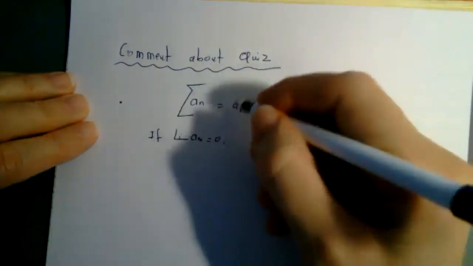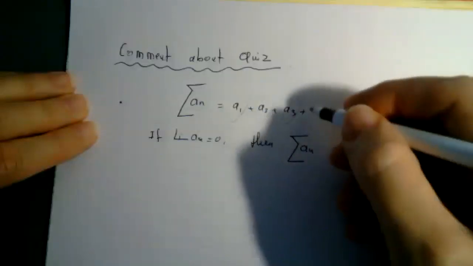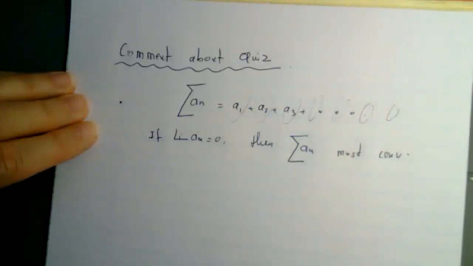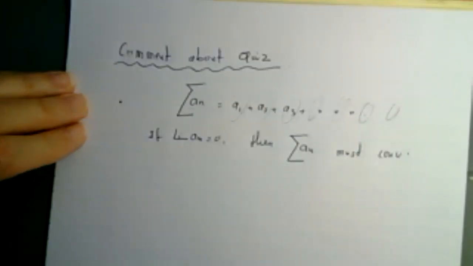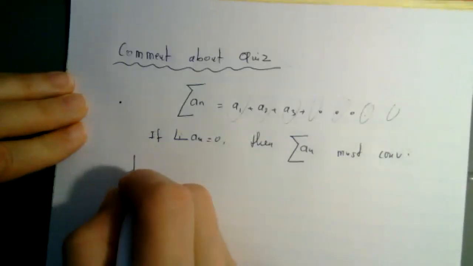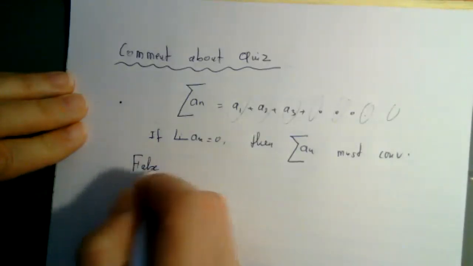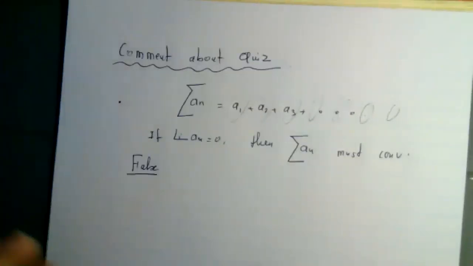It means that if the terms become small, the terms, not the partial sums, then the series must converge. And the answer is, this is absolutely a false statement.